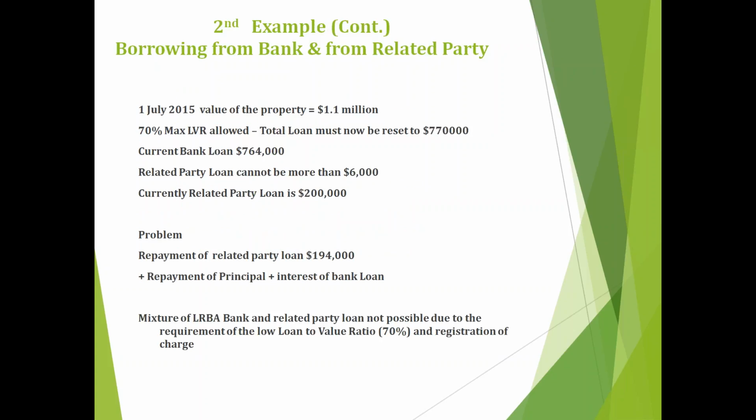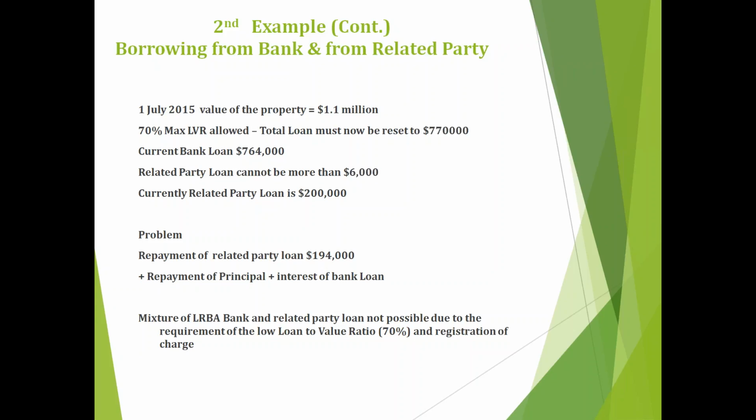Continuing with that example, then on 1st of July 2015, the value of the property had increased to 1.1 million. So with a 70% LVR, the amount of loan must now be reset to 770,000, meaning that the total related party LRBA must be reduced to $6,000, which is the 770,000 less the 764,000 being the bank loan.